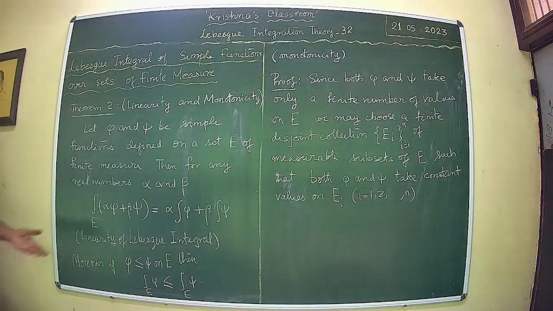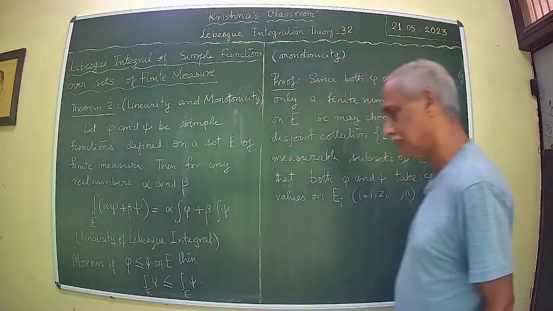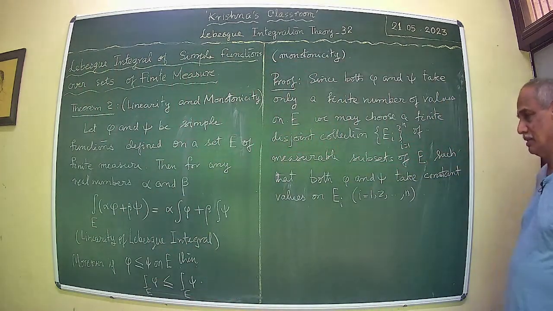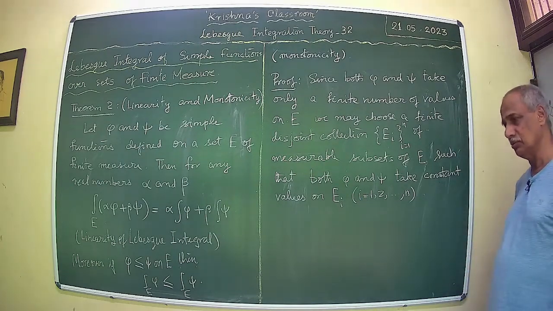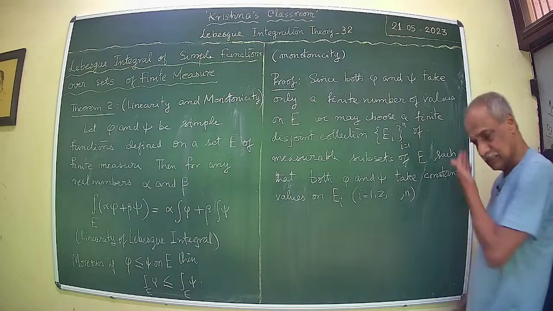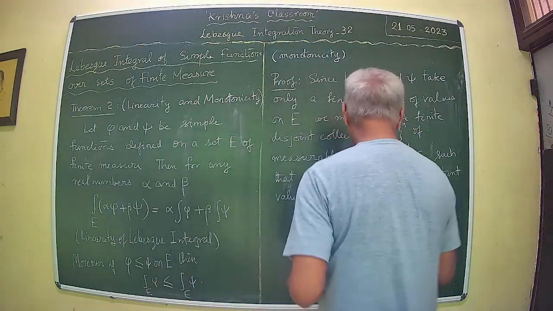So phi takes a certain constant value, psi takes a certain constant value, okay? And split the whole thing into such sets. Now, what do we have?